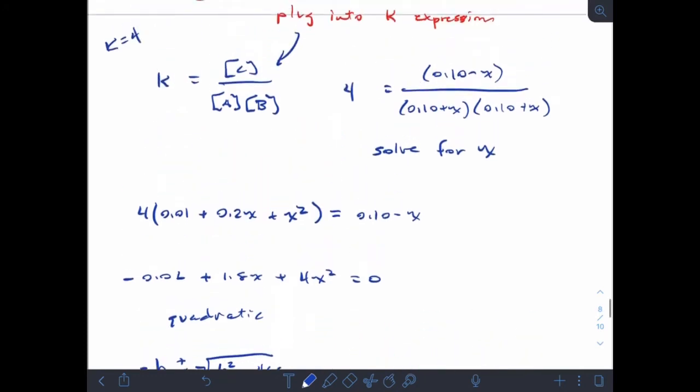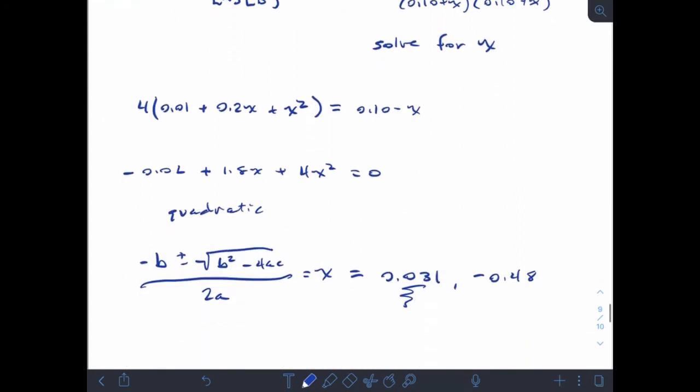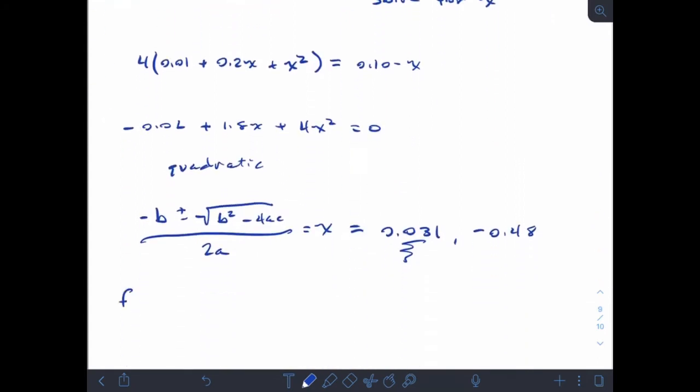Because what we're going to do now is we're going to come back and calculate equilibrium concentrations. Right, so this would be our final line. Right, so final, we have our, for A, 0.1 plus x.